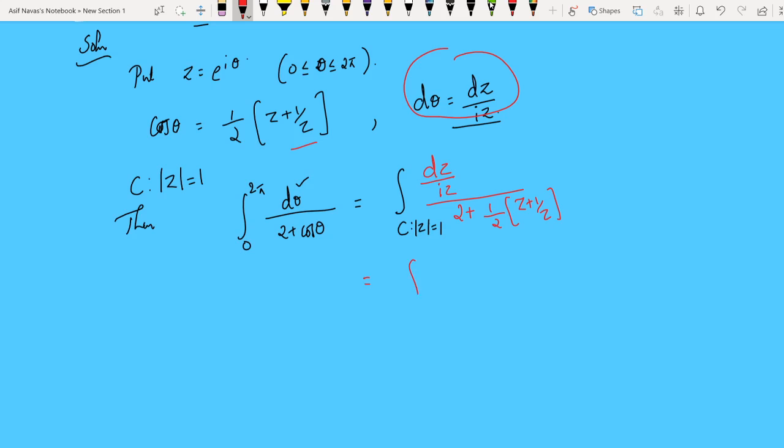If you simplify this, you will get the integral over C. Since i is there, the constant 1 by i I am taking outside, and dz divided by z into 2 plus 1 by 2 into z plus 1 by z, which is z square plus 1.